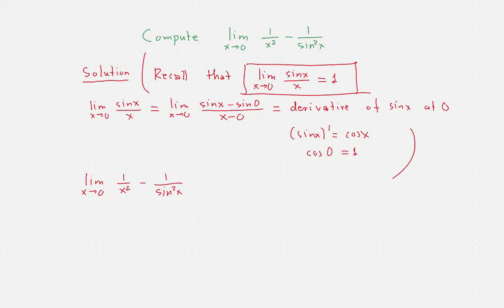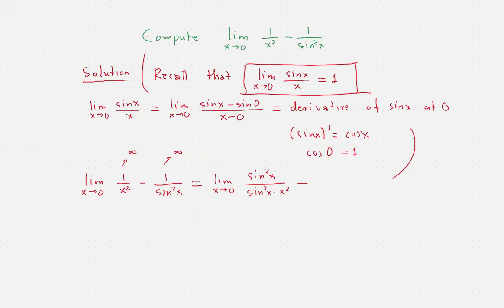To apply L'Hopital's rule, we certainly need to form a quotient. So what we do is we clear denominators here. So we do sine square of x over sine square of x times x squared minus x squared over sine square of x times x squared.